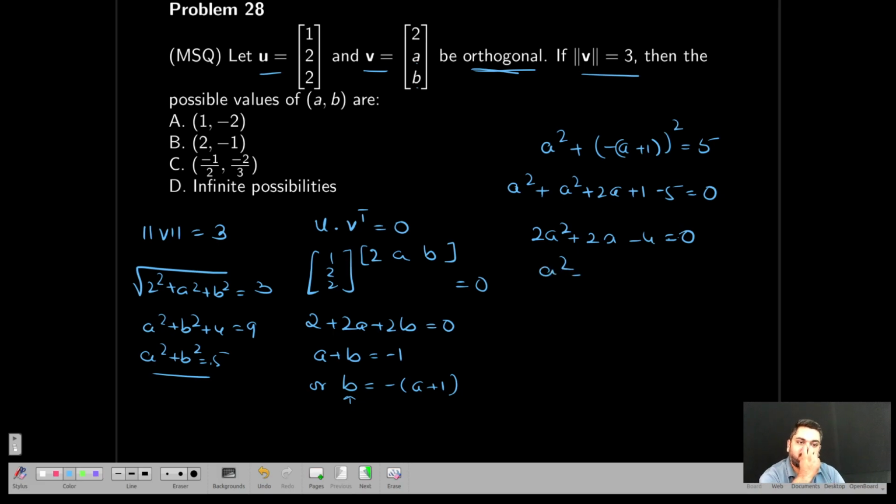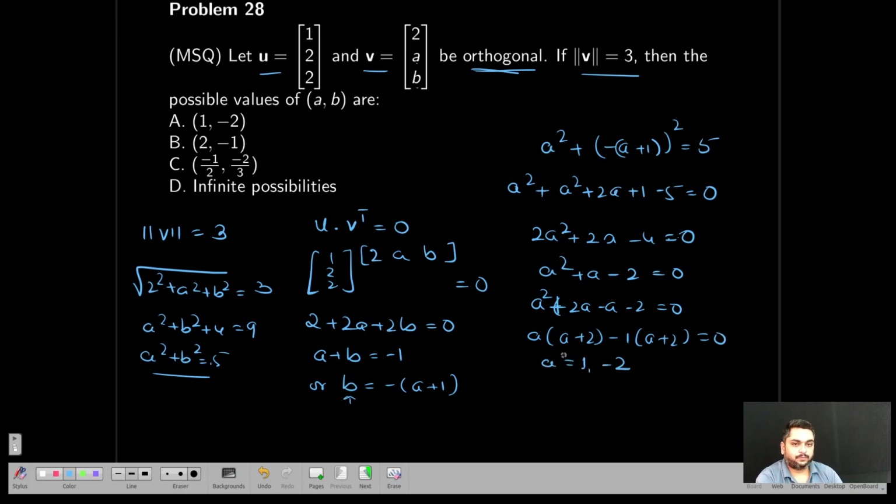That is a square plus a minus 2 is equal to 0. So we factorize this. a square plus 2a minus a minus 2 is equal to 0. Then a plus 2 times a minus 1. This is a equal to 1 or minus 2.